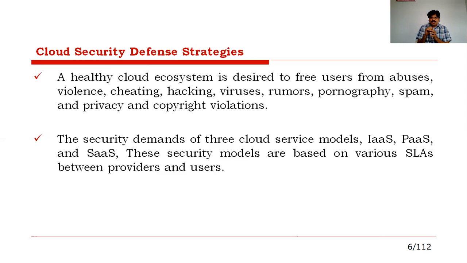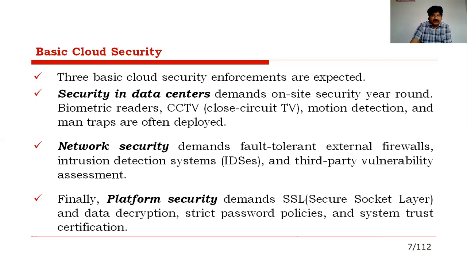These security models are mainly based on secure layer architectures between the cloud service providers and end users. Now let us see the basic cloud security providers, and how to provide security to the cloud.